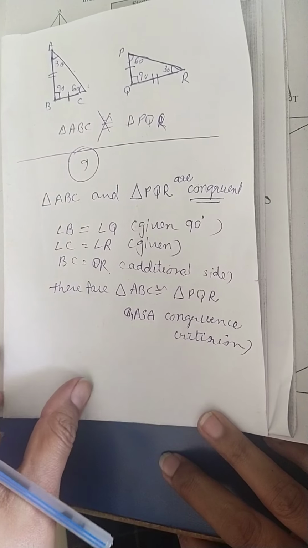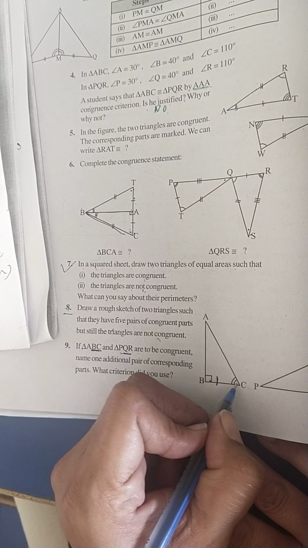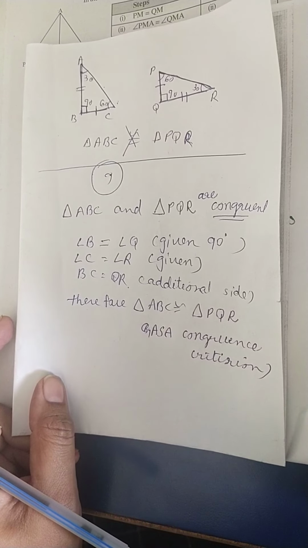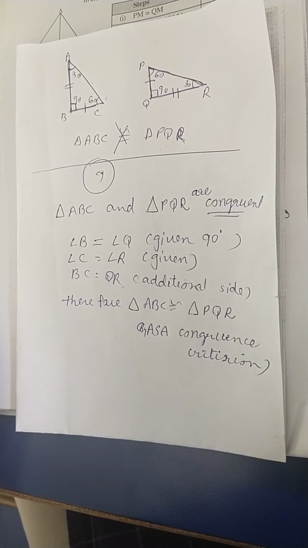Angle, side, angle. Why did we write angle, side, angle over here? Please students try to understand. It's a very easy chapter. If you involve yourself, then you can understand easily. And if you are not involved in it, then you can't understand easily. This is a very important chapter, students. Don't skip it.